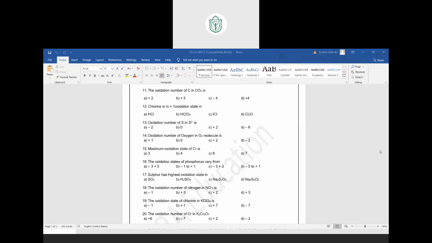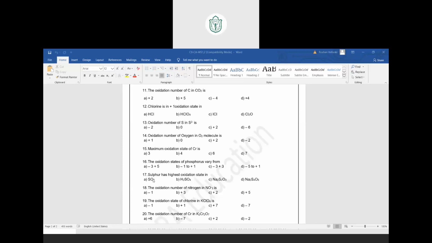Chlorine. By mistake I said phosphorus. Chlorine is a 17th group element. Phosphorus is a 15th group element. Left to right, electronegativity increases. In this case, phosphorus loses, chlorine gains. So chlorine gains all the 5 electrons of phosphorus, leaving phosphorus with a +5 oxidation number. Is it clear, guys? What is the correct option? Option A. Very good. Next, 17th one.